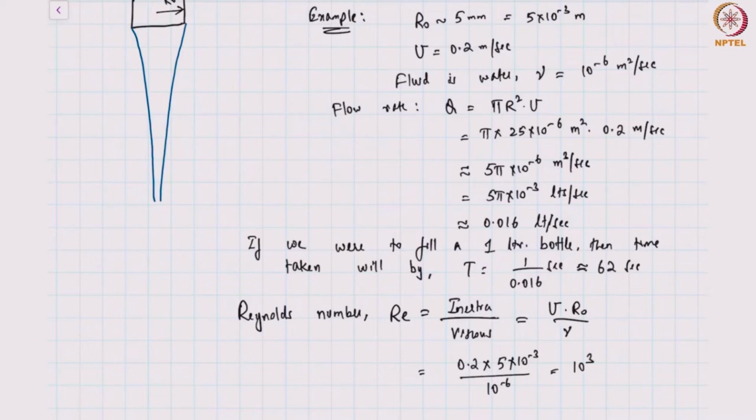So the Reynolds number is 1000. You can see that even at such fairly low flow rates, where it takes a minute to fill a water bottle, the Reynolds number is close to 1000. So you can safely assume that such flows are inertia dominated, and you can ignore viscous forces at leading order. We will consider this problem completely devoid of any viscous forces.